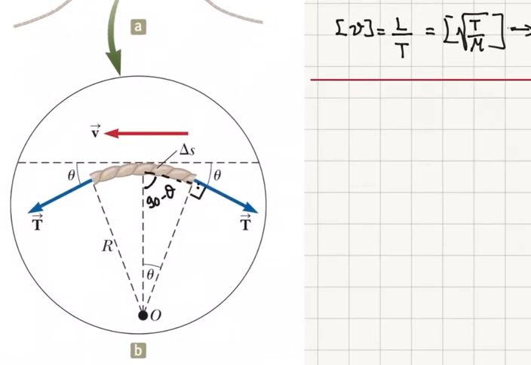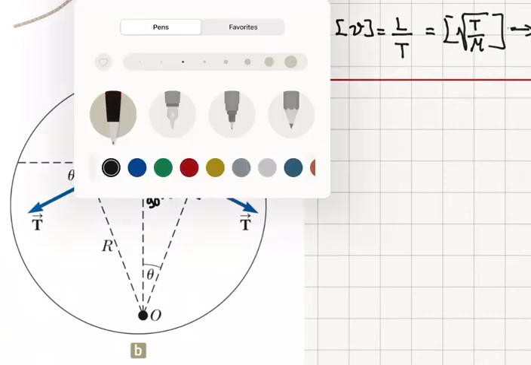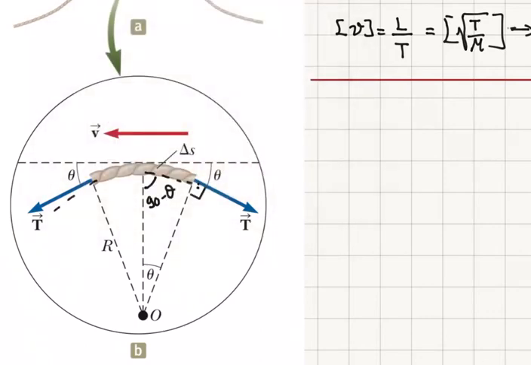So if I concentrate on the string element here, I see that this is part of a circular arc, and the circular arc has a radius r. So if I take the midpoint of the string element and find the angular separation between the two endpoints, it's angle 2 theta.